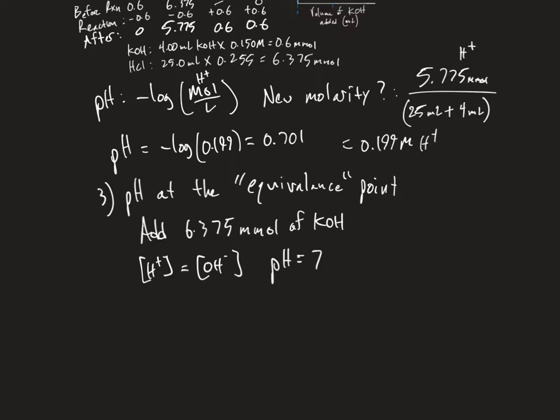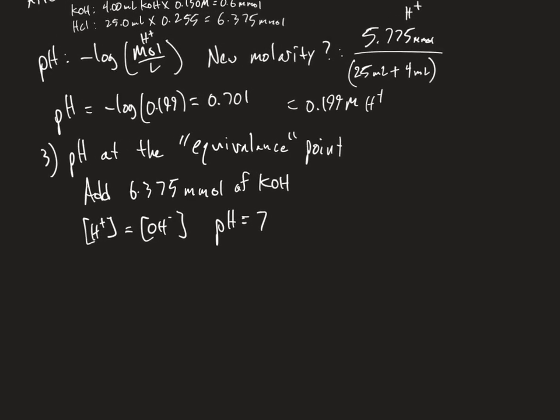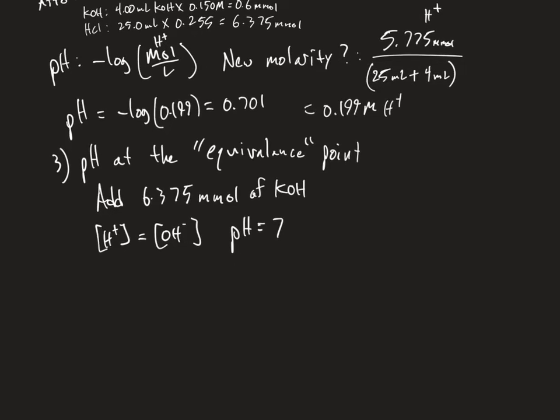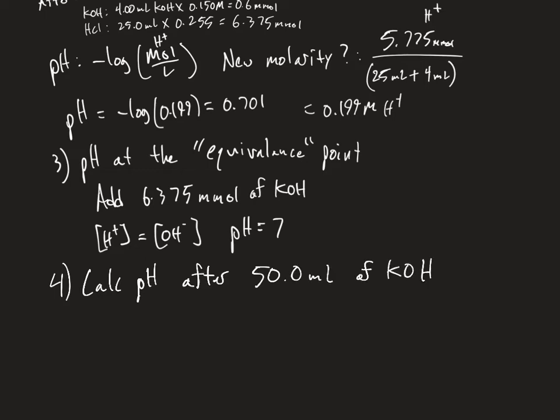Okay, let's think about a situation where we're adding enough KOH and we're going to go past the equivalence point. Let's see what the pH looks like. So case 4: calculate pH after, let's say, 50 milliliters of KOH is added.